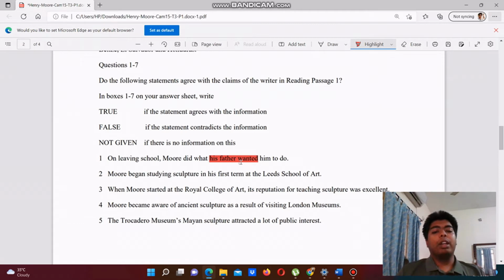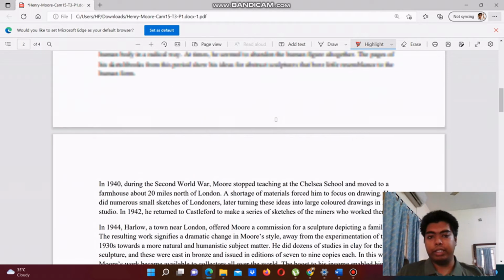And if nothing is mentioned about what Moore did after graduating from school, whether he listened to his father or he listened to any other person, then it will be not given. As it is question number one, we will start from the first passage.